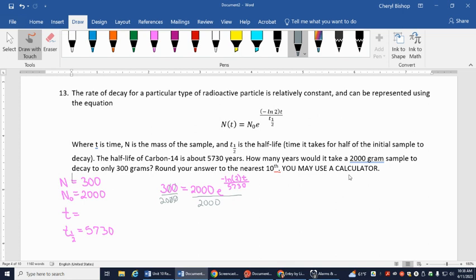So if we want to turn 3 over 20 into a decimal, we can. It turns into 0.15. Do we want to do that? Okay, so this is going to be 0.15 equals e to the negative ln of 2 times t over 5730. This whole thing is the exponent to that e. Okay?